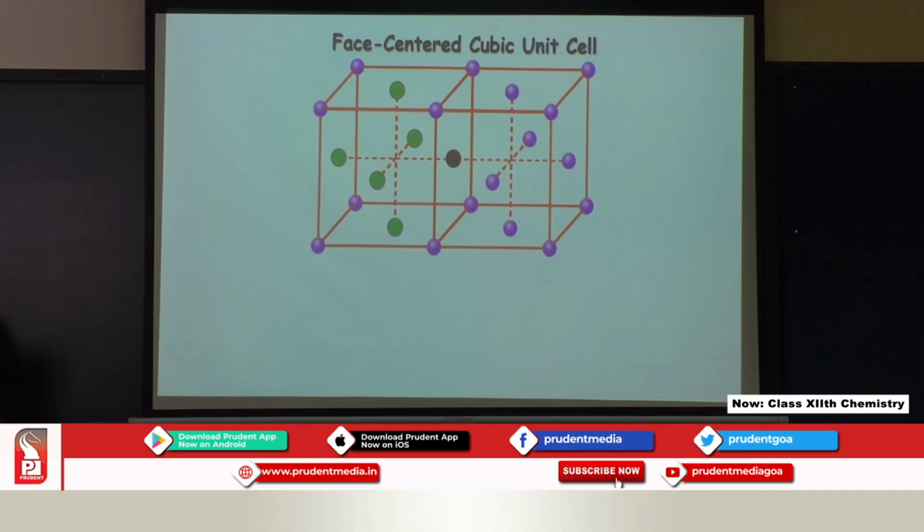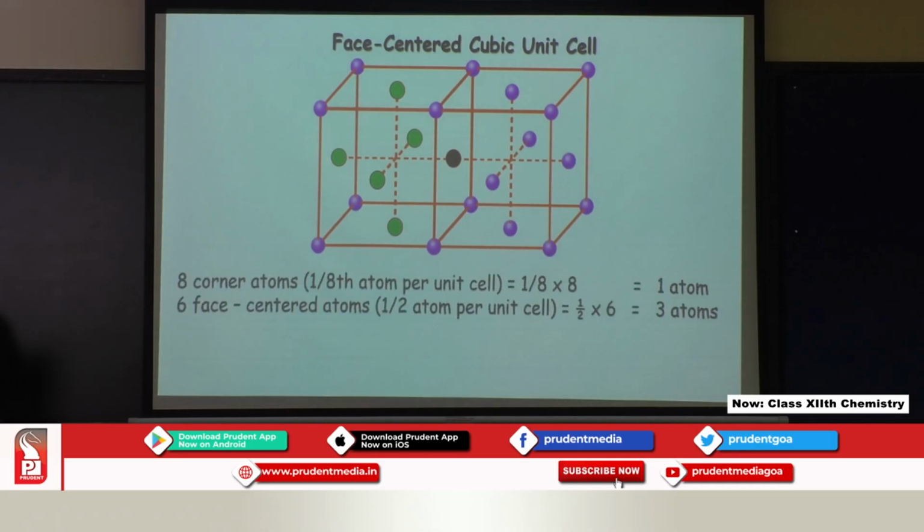Now how much of this atom belongs only to one unit cell? The answer will be 1 by 2. Considering now that there are 6 faces to this cube, we will have the calculation as follows. 6 face centered atoms, and hence we have half multiplied 6 times, which comes to 3 atoms. Hence the value of Z for a face centered cubic unit cell or FCC unit cell is 4.